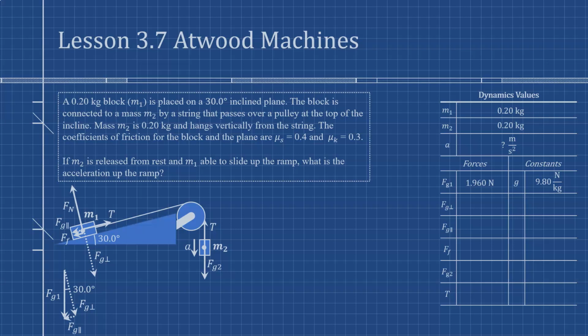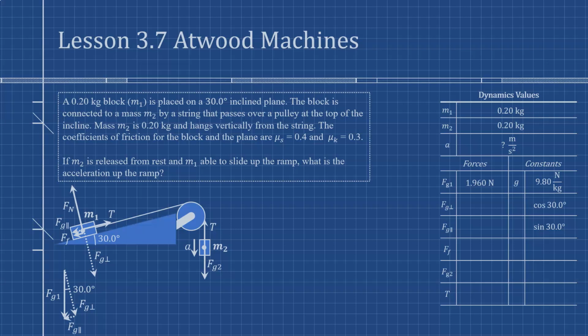The actual FG1 value, I'm going to need to break that apart into its components though. I need to know how much of that 1.96 newtons is perpendicular to the ramp and how much is parallel to the ramp. And to do that, I'm going to have to use some constants associated with trigonometry, the cosine of 30 and the sine of 30. Now, sine of 30 I just know is equal to 1/2 from the AP equation sheet, and just what I know about trigonometry as well.